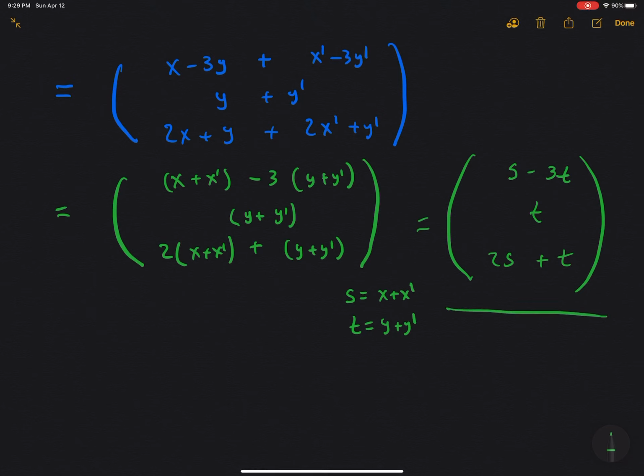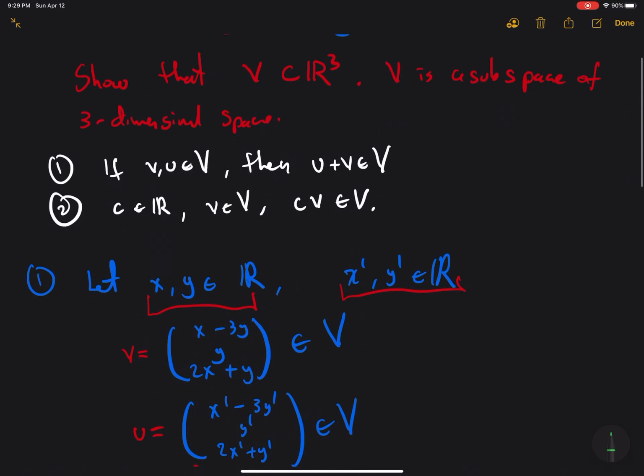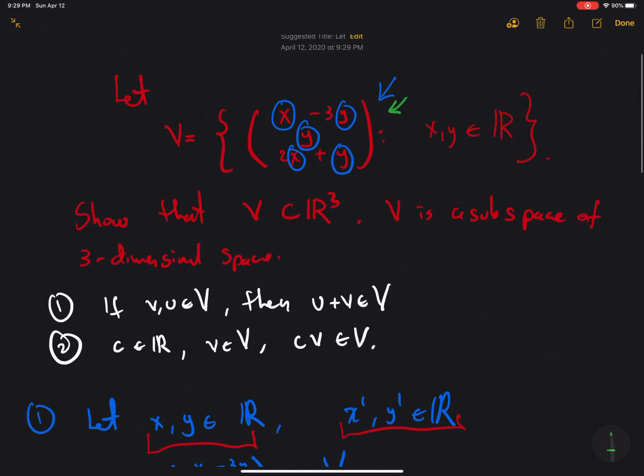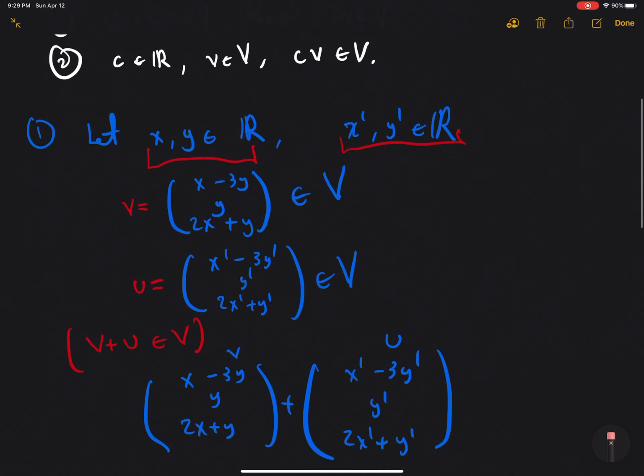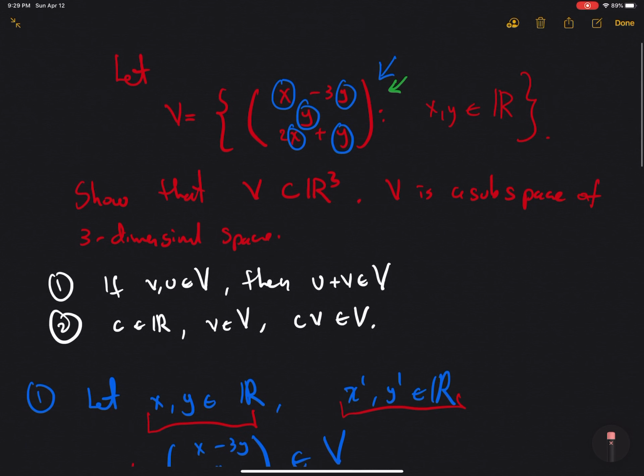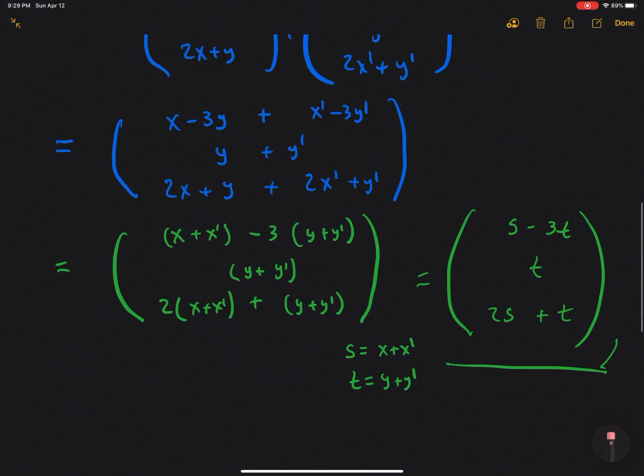Notice that this last part is exactly the same shape, the same blueprint, that all the vectors in V have. Because if we go back into this, we have parameter minus 3 times parameter. That's my first component, and this one satisfies that. The second component is the second parameter, and this also satisfies that.